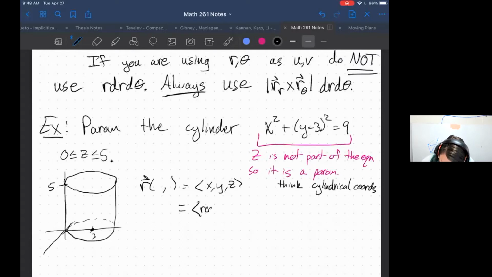But I think a nice starting point might be r cosine of theta, r sine of theta, z. So now we're doing a switch first to our coordinate system, and then we're going to use this equation to narrow us down.